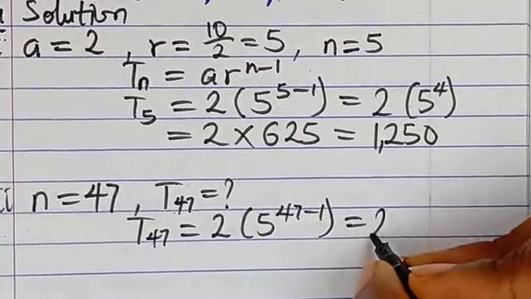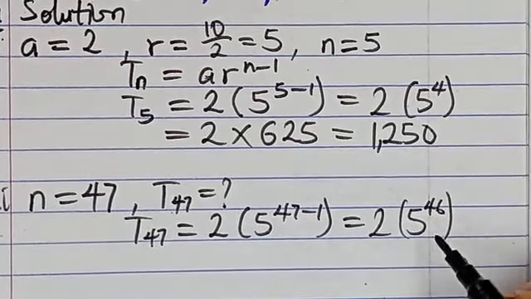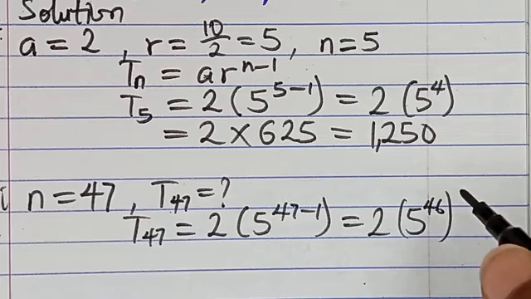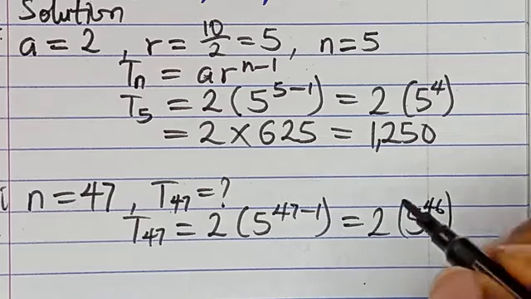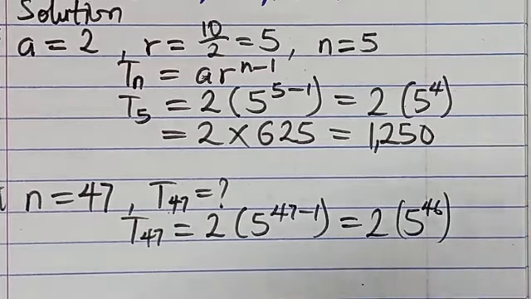So this is equal to 2 into 5 raised to the power 46. This is a very, very large number. When you get this from a calculator, you're going to see a very large number. If they are really large numbers, you can leave them in their index form.